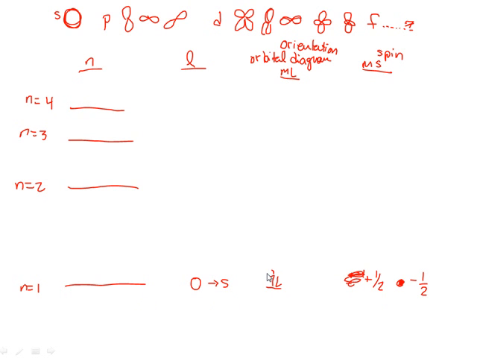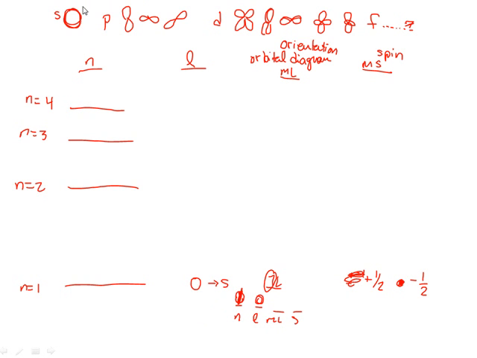So for this electron, we have the quantum numbers n, l, m sub l, and s. It's in the principal energy level of n equals 1. It's in an s orbital, and s is associated with a 0.